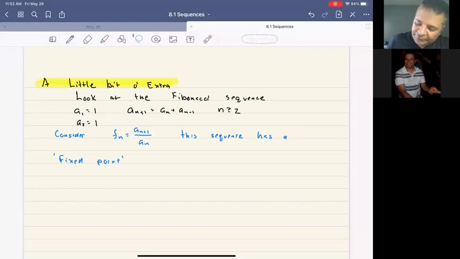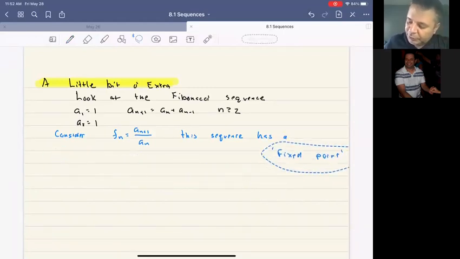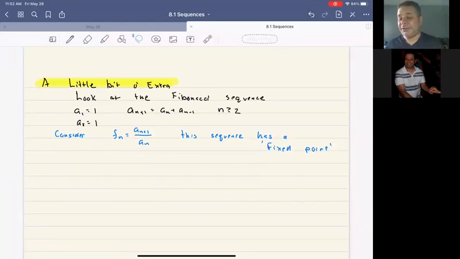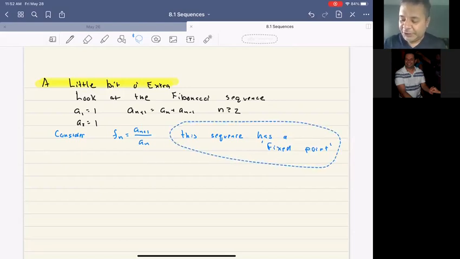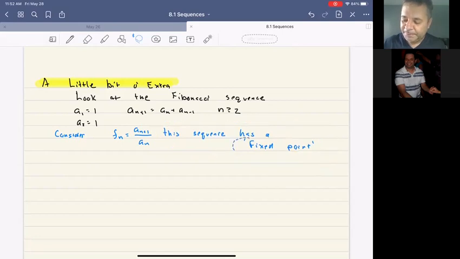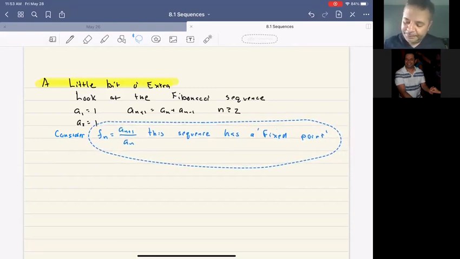We normally don't talk about fixed points in Calc 2, so I'm not going to go too in depth into it, but I honestly think it's one of the more fun things that you can learn about. So it has a fixed point, and we're going to find it.